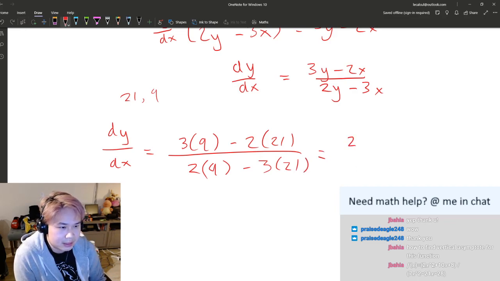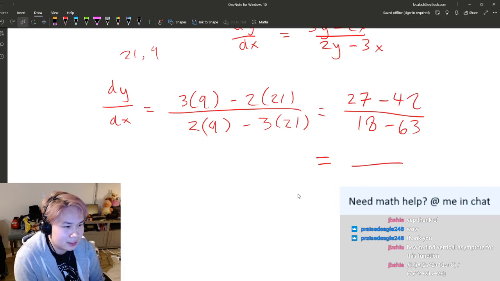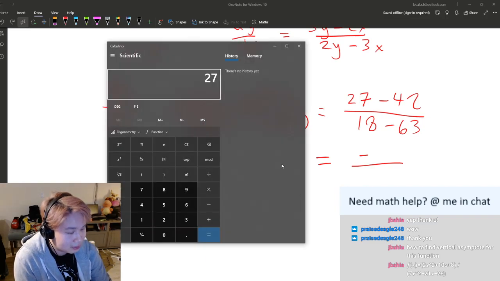And let's see, this is 27 minus 42 divided by 18 minus 63. So 27 minus 42 is something that I don't want to think about right now. Oh my gosh, negative 15? I'm cheating. Oh, it was negative 15.